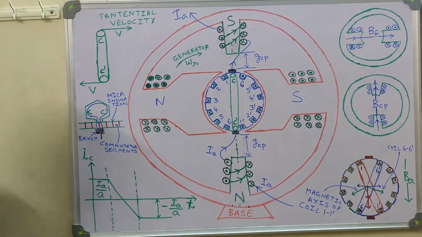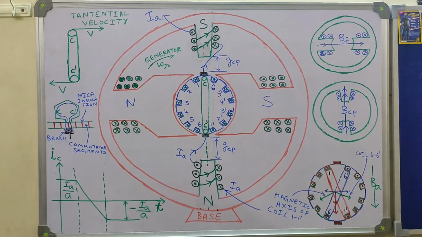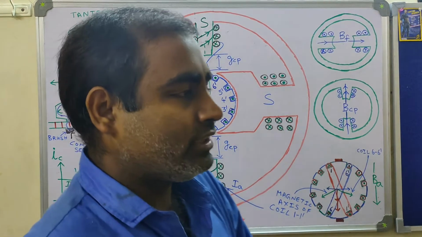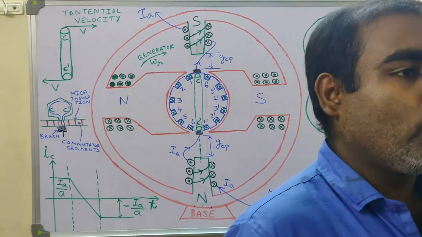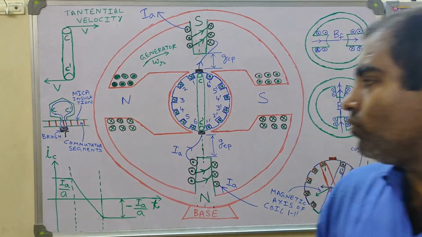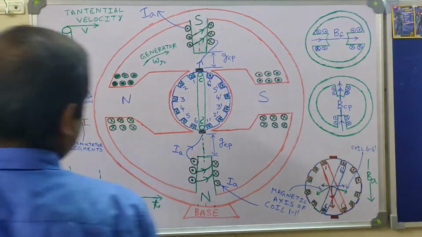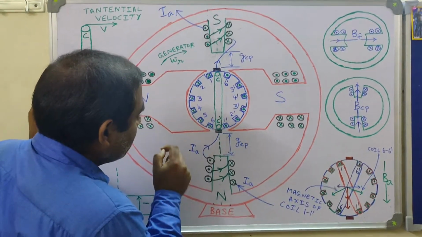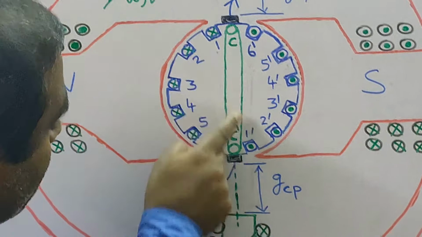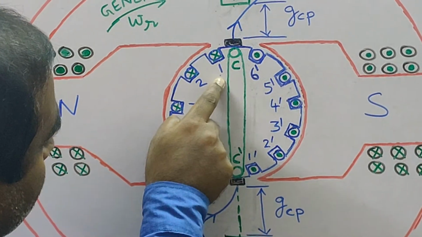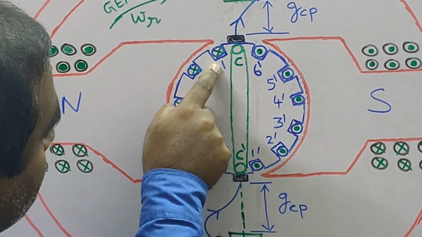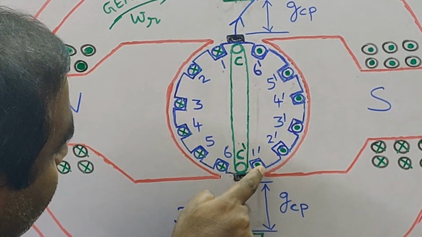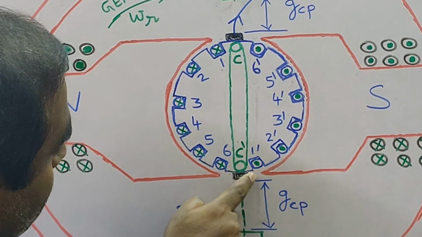Now, what does commutation actually mean? Commutation means the reversal of armature coil current. What is the meaning of reversal? Please look at the diagram. At this particular moment, if we focus on coil 1 1 dash only, coil side 1 has an induced EMF polarity which is cross, and coil side 1 dash has an induced EMF polarity shown by dot.